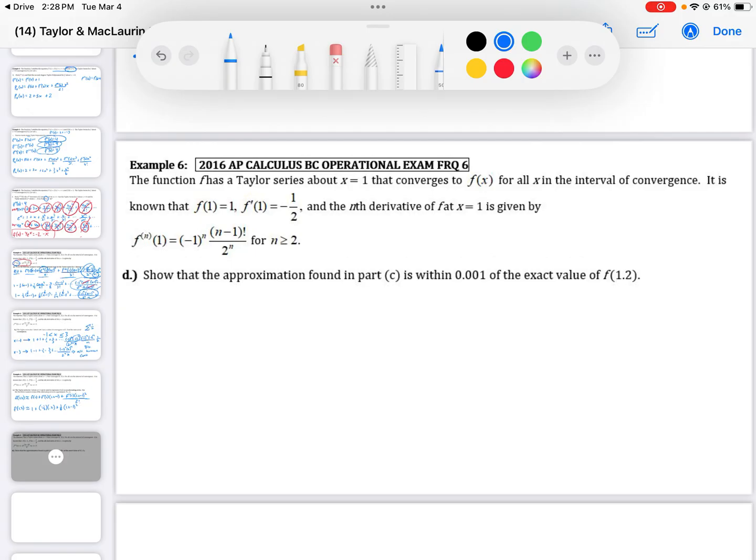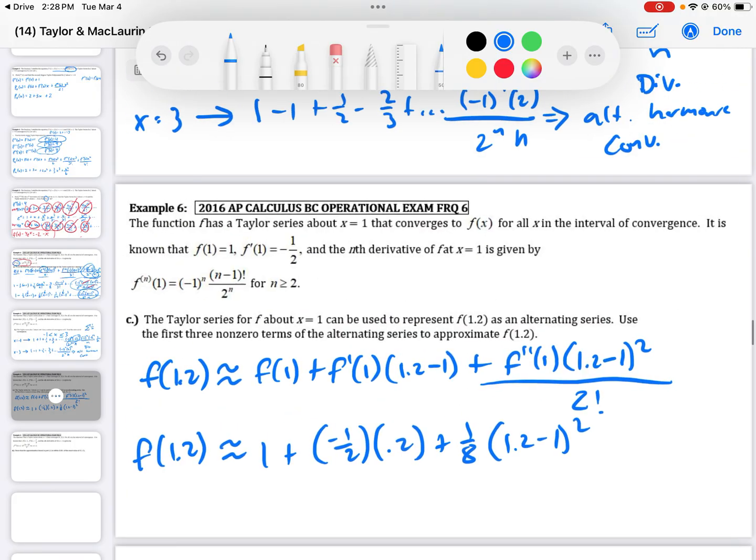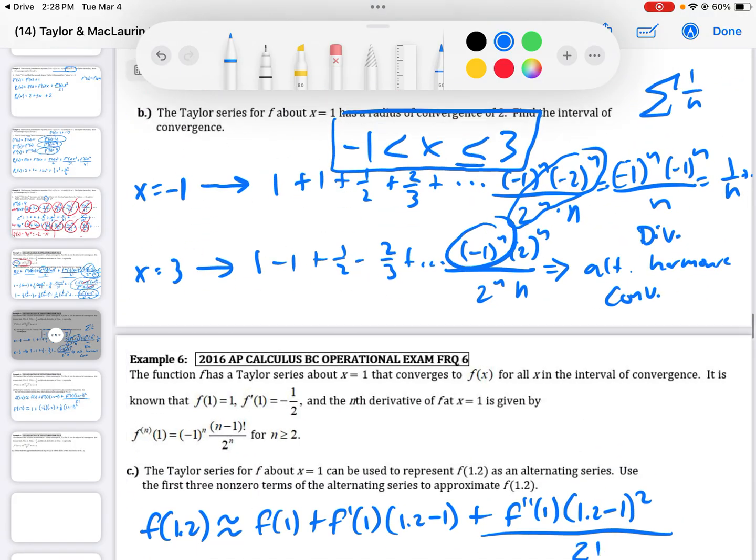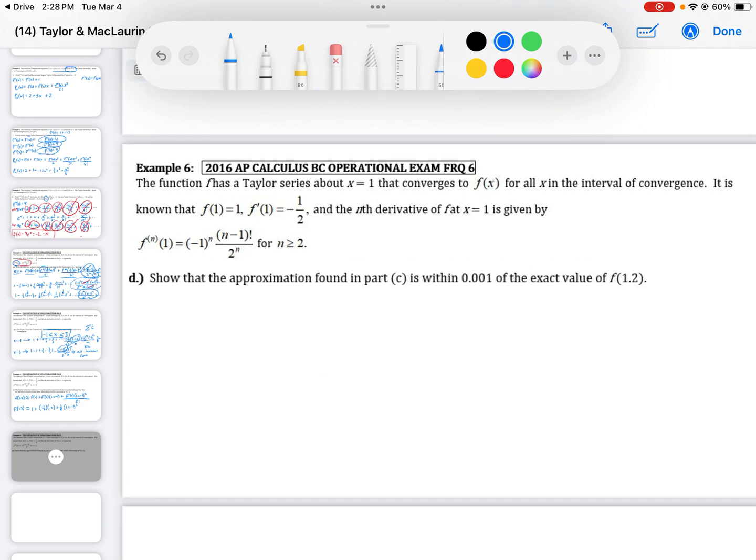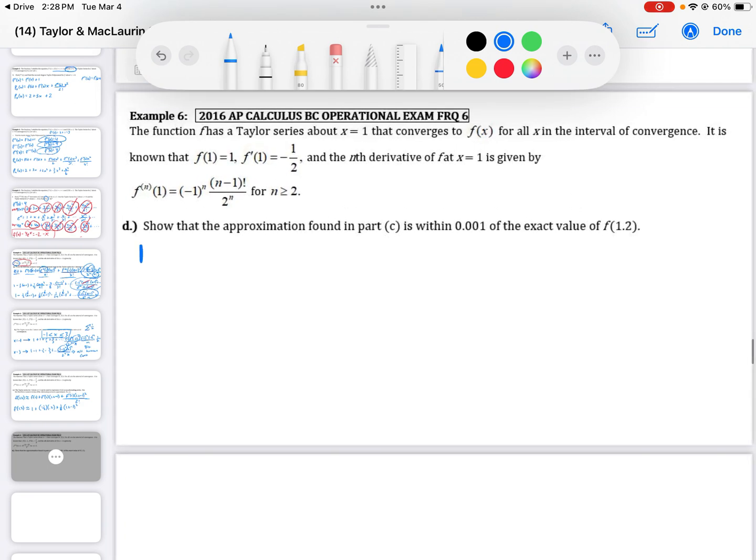I'm going to use the alternating series error bound because I have an alternating series. So the series is alternating because it has the negative 1, right? So for the alternating series test to work, I've got to say the series is alternating.